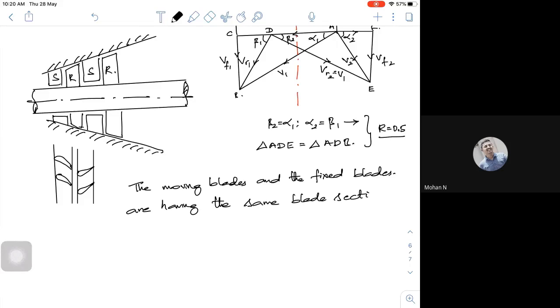So these conditions were met in what we call Parsons turbine.